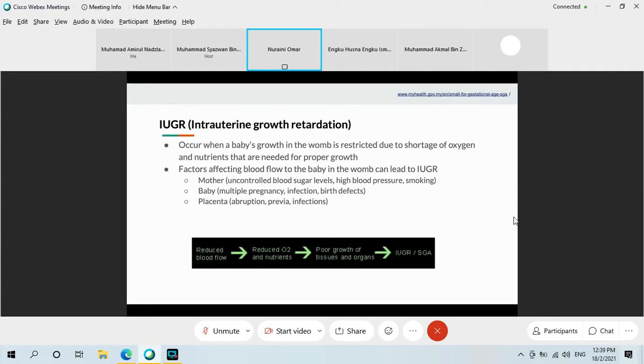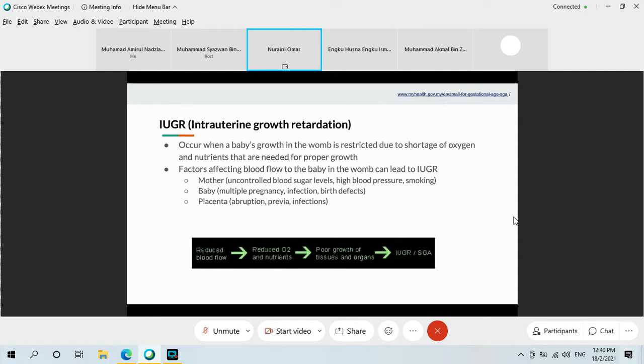multiple pregnancy, infection, and birth defects. Multiple pregnancy is one of the causes because when the mother is pregnant with twins or more than two babies, the oxygen must be shared with all the babies, so it can cause lack or insufficiency of oxygen.